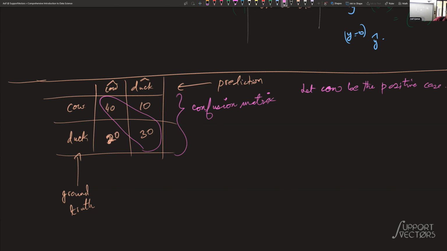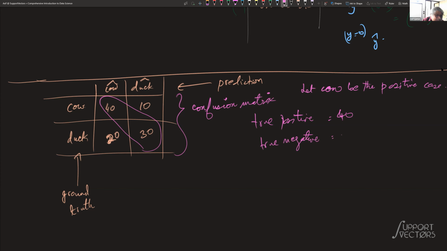Then what are our true positives in this prediction engine? 40 and 30. Let's write it down. True positive, 40.